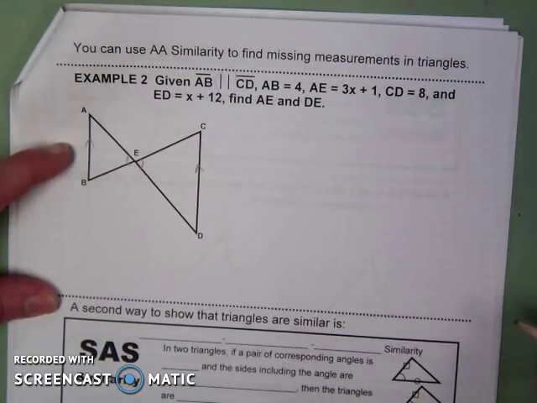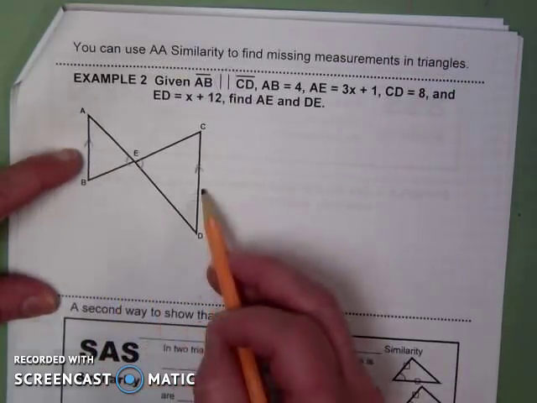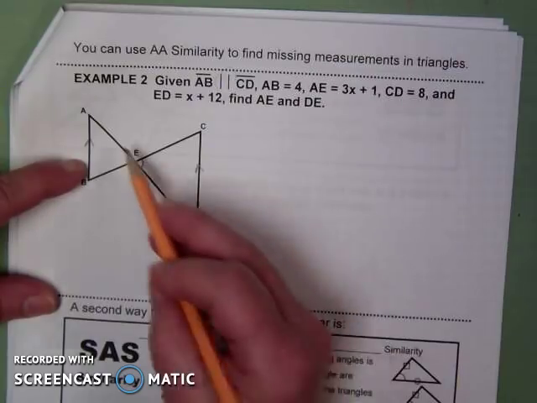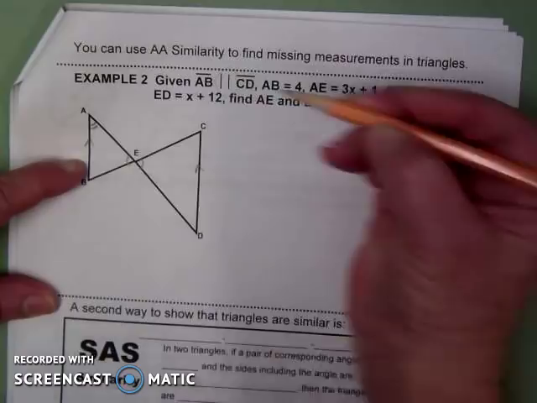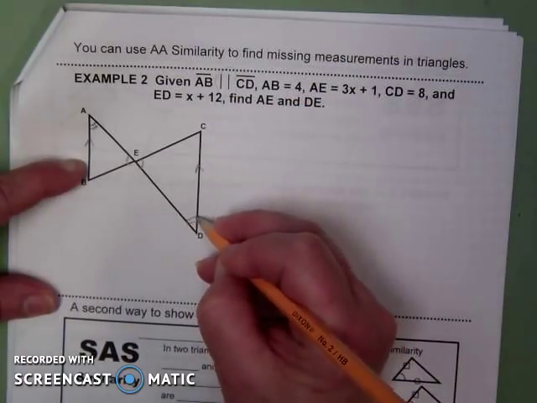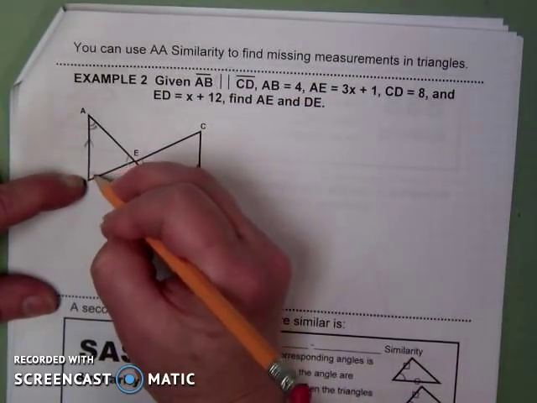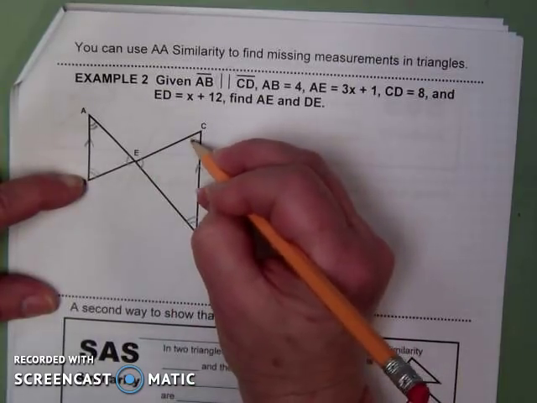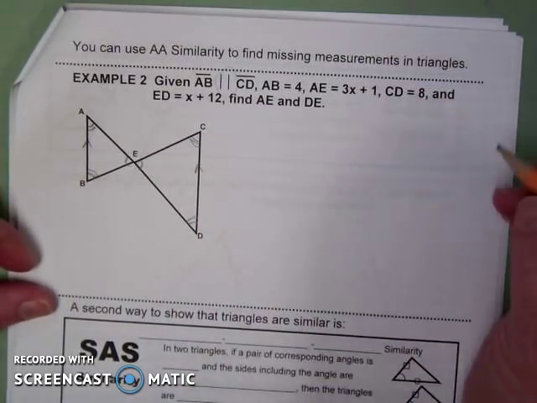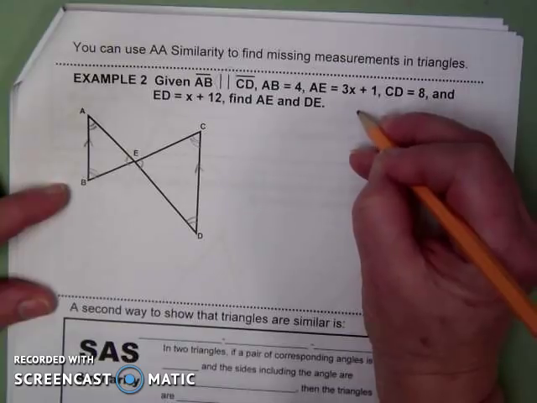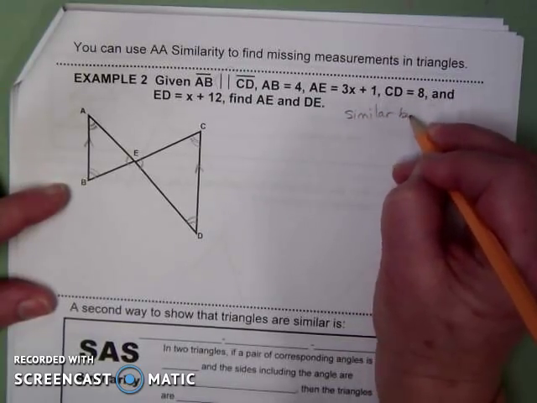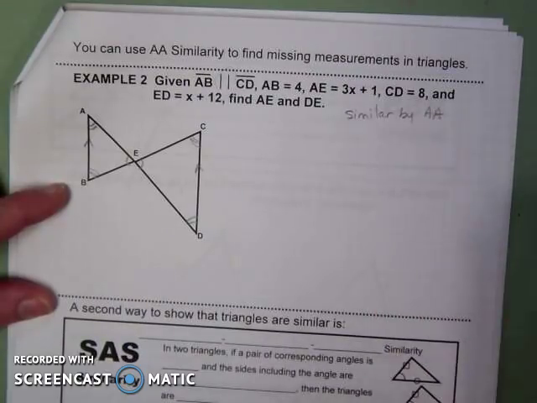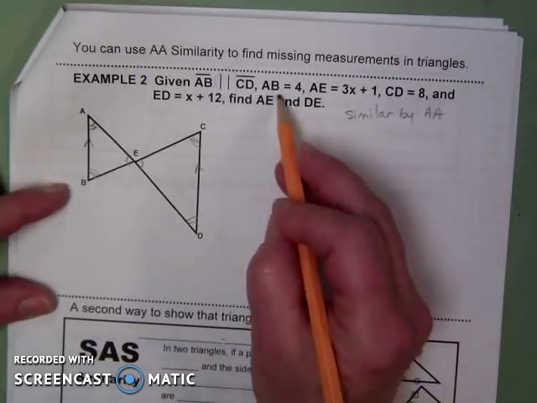And because of that, because if you have parallel lines and transversals, the alternate interior angles are congruent. So let's put two lines here, and then we could mark the other one with 3. So we know, because of all this, that we have at least two angles, so our two triangles are similar by AA. So now we can proceed and mark our other information.